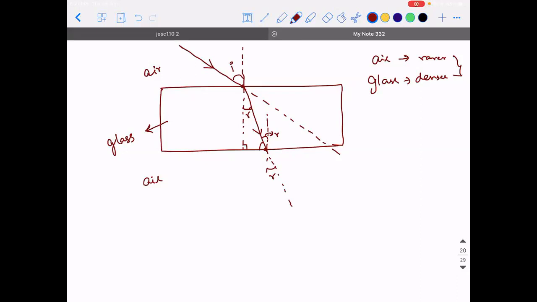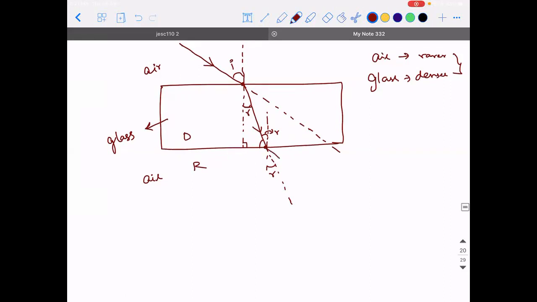Right? Now, when the light is traveling from denser to rarer medium, what is going to happen? It will start bending away from the normal. Correct? So this ray is called the emergent ray. What is it called? It's called the emergent ray.